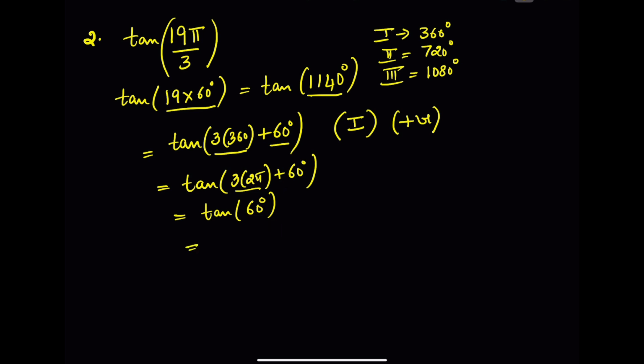And tan of 60 degrees is square root of 3. So the value of tan of 19 pi by 3 will be square root of 3. So this is how you can find tangent value of a large degree by reducing the values and finding out the exact quadrant it belongs to.